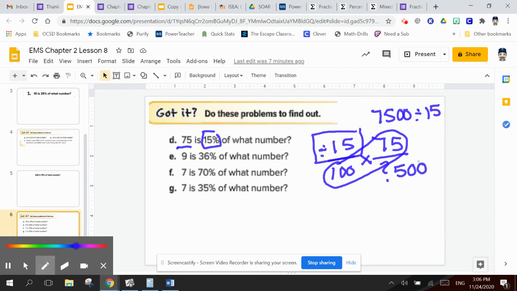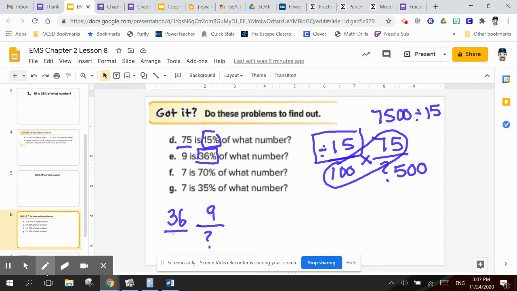If I look at letter E, 9 is 36% of what number? So again, 9 is my part. I'm looking for my total. 36% as a fraction is 36 over 100. Cross multiply. 100 times 9 is 900.